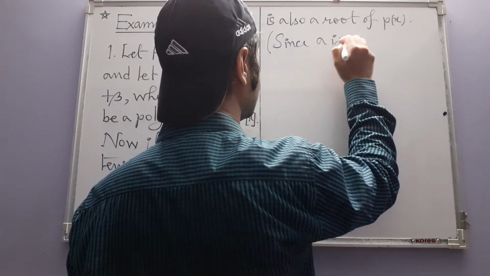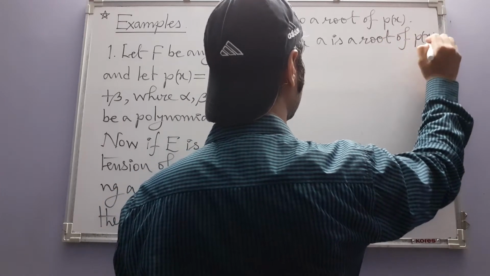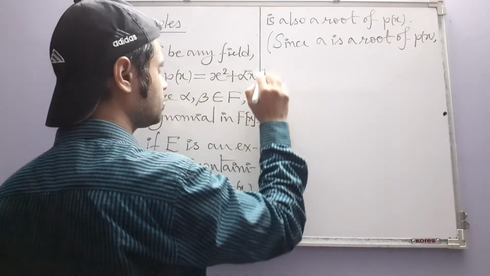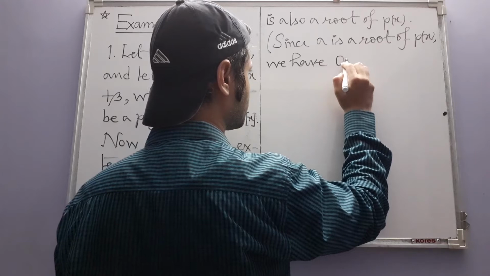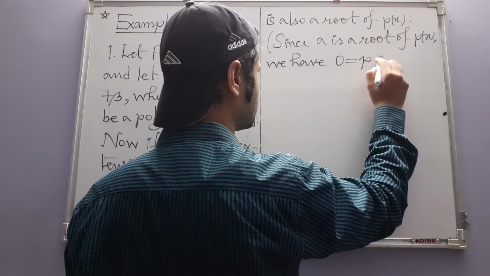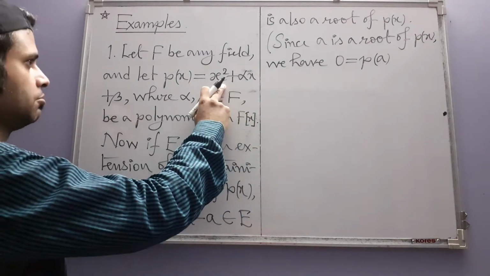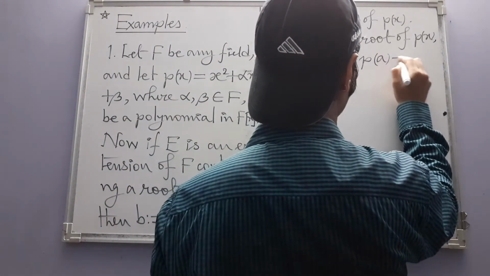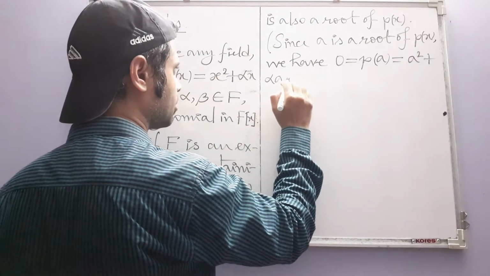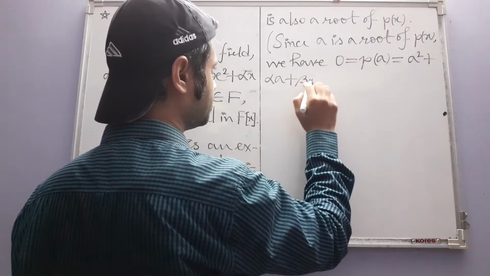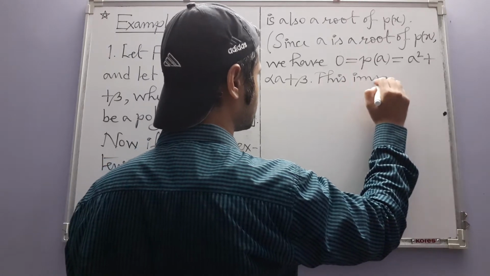Since a is a root of p(x), if we substitute a for x in this expression, you should get 0: a squared plus alpha a plus beta equals 0.